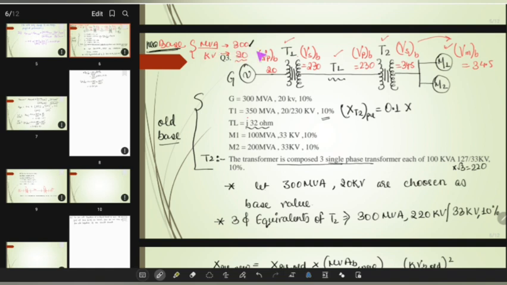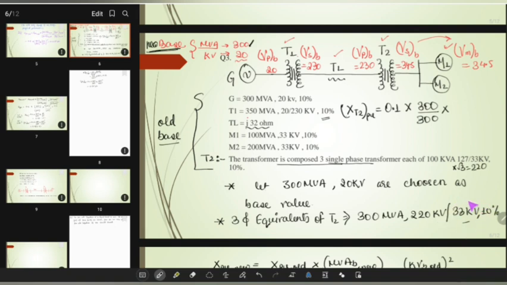That is 300. What is the old MVA? Old MVA for transformer T2 is 300 into what is the old kV value if we refer to secondary side.